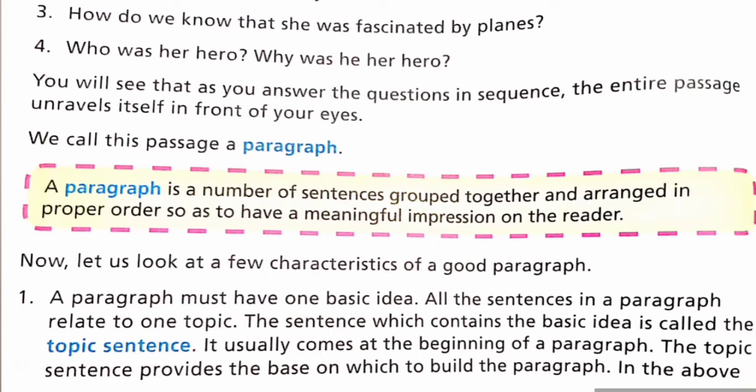Now, let us look at a few characteristics of a good paragraph. 1. A paragraph must have one basic idea. All the sentences in a paragraph relate to one topic. The sentence which contains the basic idea is called the topic sentence. It usually comes at the beginning of a paragraph.